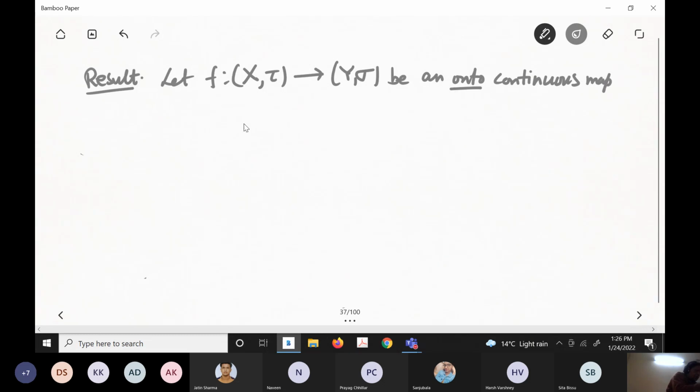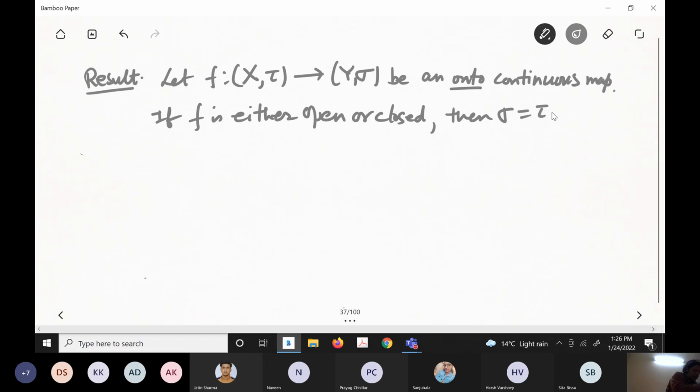Now, if f is either open or closed, any one possibility, not both, then σ equals τ_f.